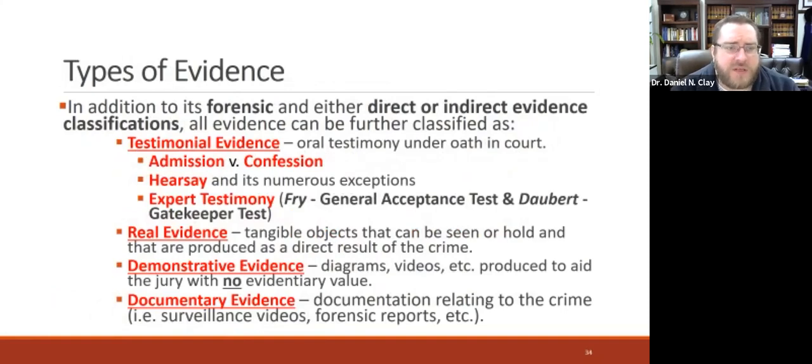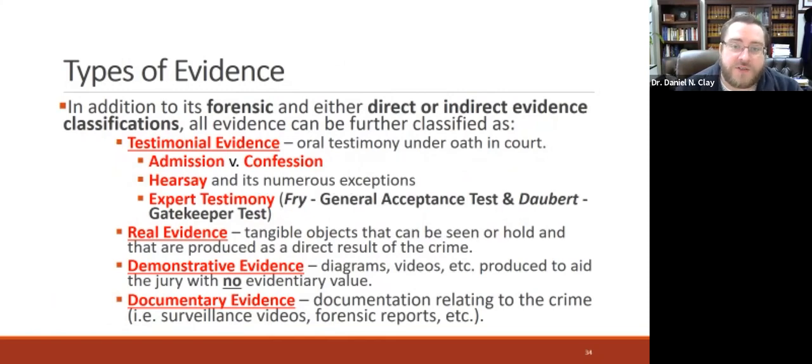So that being said, when we talk about the types of evidence, in addition to being direct or indirect, all evidence can further be classified as follows: testimonial evidence, real evidence, demonstrative evidence, documentary evidence. Right? So we classify things and subclassify and sub-subclassify.